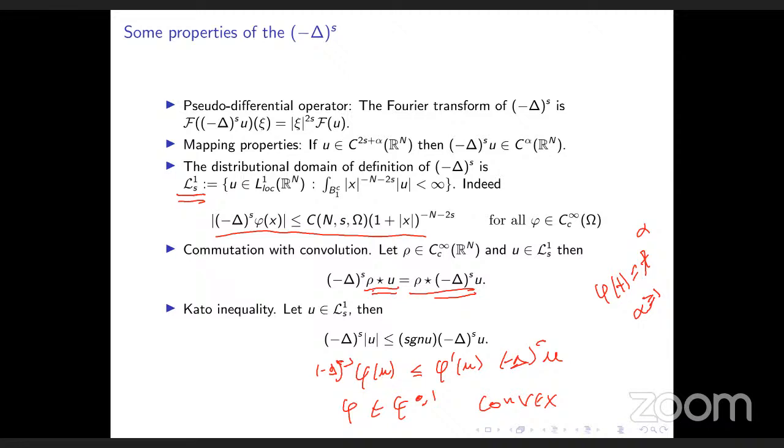All these results that I'm saying, I just consider the fractional Laplacian, but it works for many other problems, like replacing the kernel of the fractional Laplacian with a translation invariant kernel. Anytime you consider a translation invariant kernel, then in general you have all these properties.